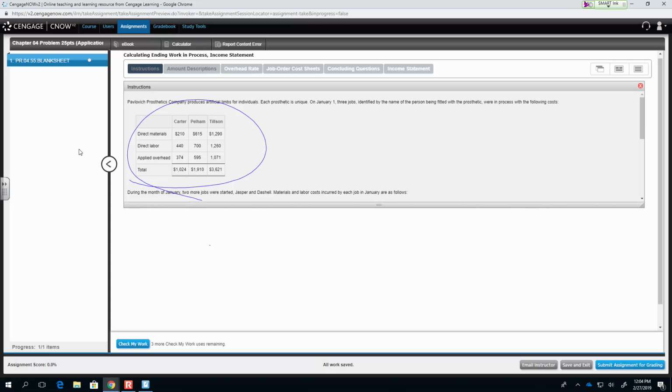So using example 1, go to example 1 in our book, because it's the same thing. The driver is the same. Direct labor dollars is the driver, just like in example 1 on our page 150. Oh my gosh, I can't find it, guys.